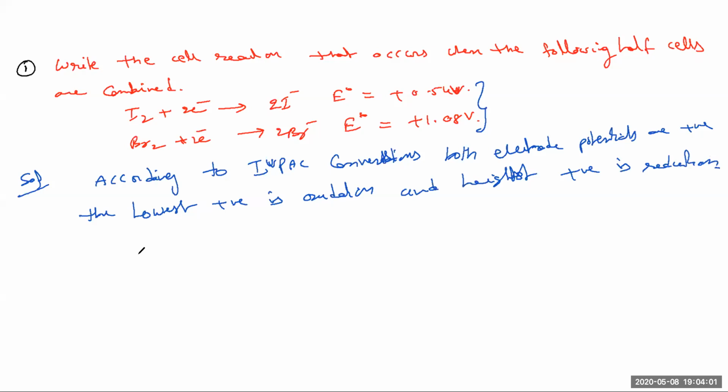Now, oxidation takes place at the anode. Iodine should be oxidized. So 2I minus gives rise to I2 plus 2 electrons, right?